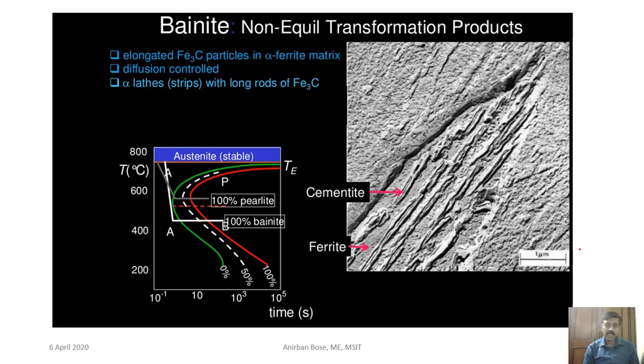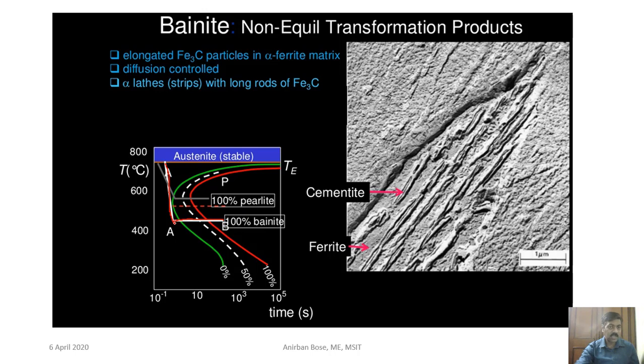Now the bainite structure, here you can see, is observed if you cool it very fast to a temperature less than 500, say 450 or something like that, and then if you maintain the temperature for a long time, then you will observe that bainitic transformation takes place.